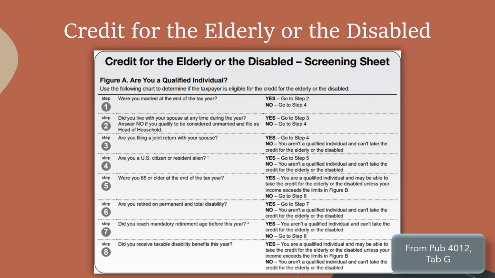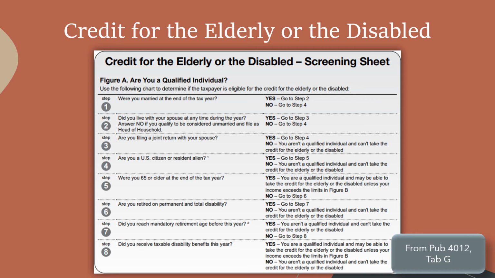And then step 4 is the question, are you a U.S. citizen or resident alien? And checking for age, were you 65 or older? And if they were not 65 or older, then were they retired or permanently and totally disabled?